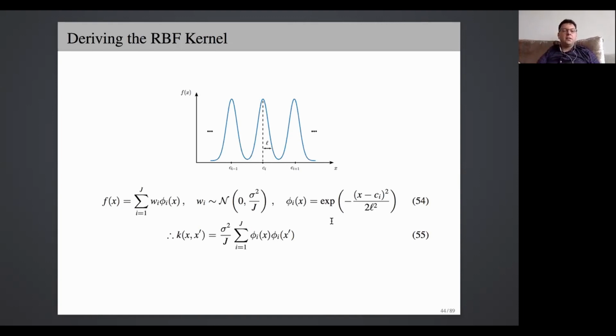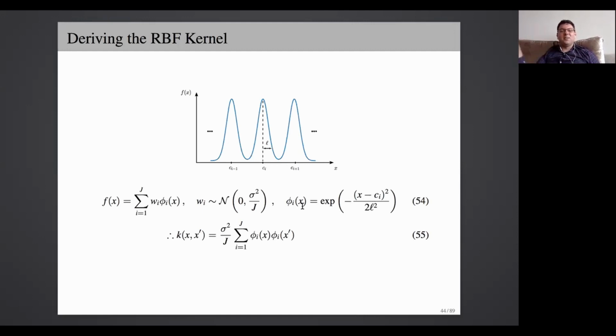We'll again consider a model that's an inner product of a vector of weights and basis functions, but here we're just using scalar notation instead of vector notation. So we're just explicitly writing out the sum that corresponds to that inner product. We'll put a Gaussian distribution over the weights as so, and we'll consider radial basis functions for phi.